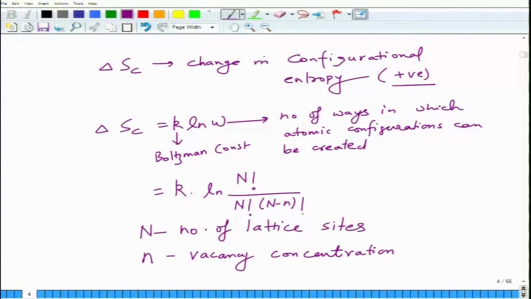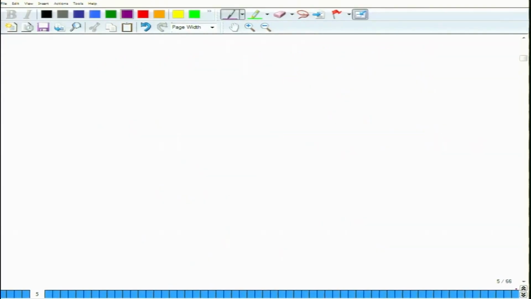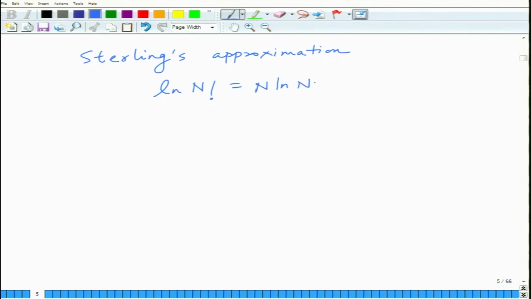To solve this equation, we make an approximation which is called Stirling's approximation, which says ln N factorial is equal to N ln N minus N, and likewise you can write ln n factorial is equal to n ln n minus n.